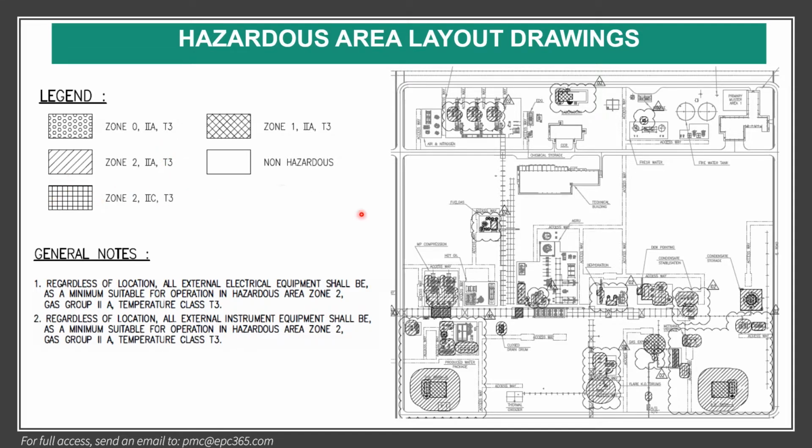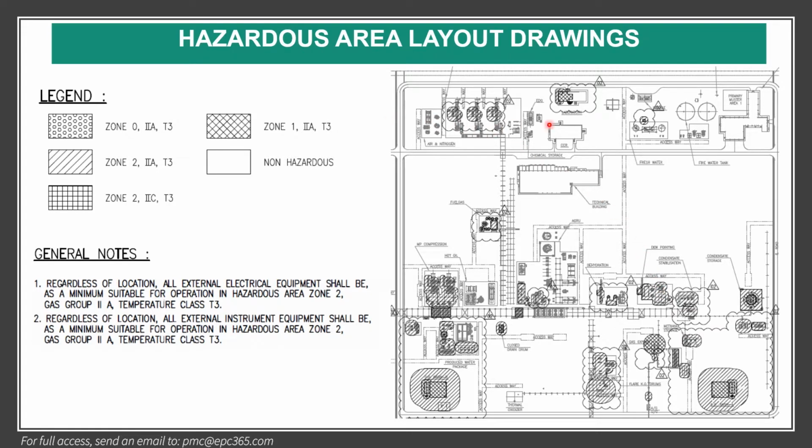So it should be very clearly shown in the drawing, and we know where the sources of release of hydrocarbon are. For example, here we know that it is a source of release, and if we want to put the fire and gas detectors, they should be around this area.